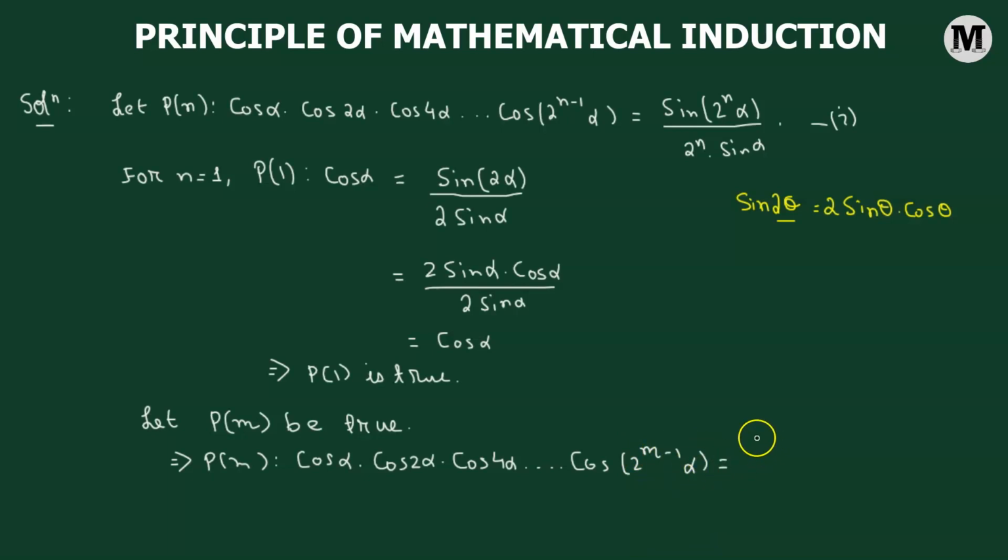This is going to be equal to, in the numerator, sine of the angle 2 raised to the power of m alpha divided by 2 raised to the power of m times sine of alpha. So we're saying that this is a true statement. So let's label this as statement number 2.